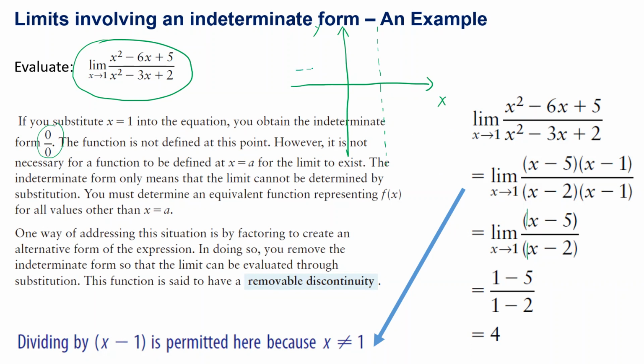Therefore, we have another, horizontal asymptote at y equals 1. And we also know when x is 5, this function is 0, which is here. And when x is 0, this function is 5/2, which is here.